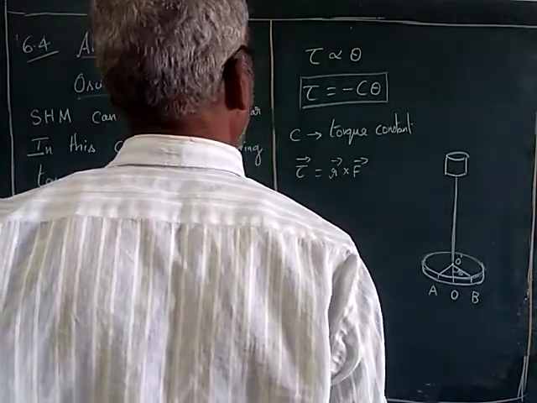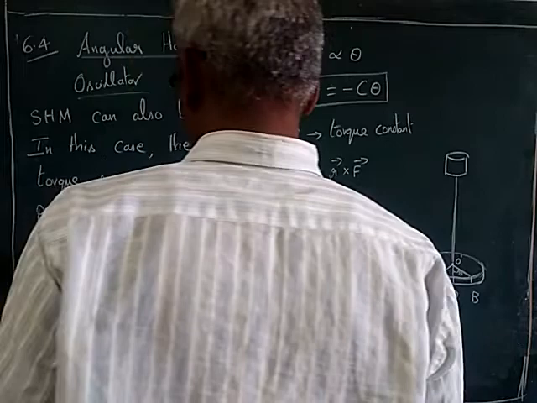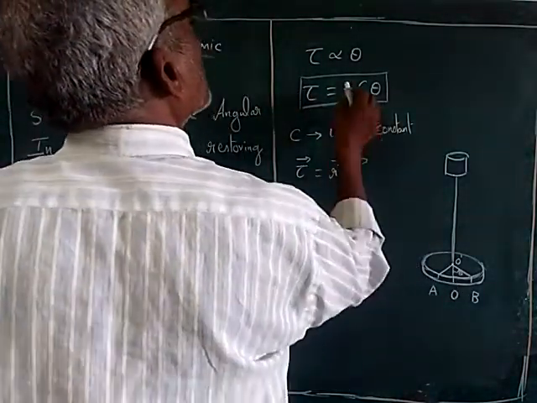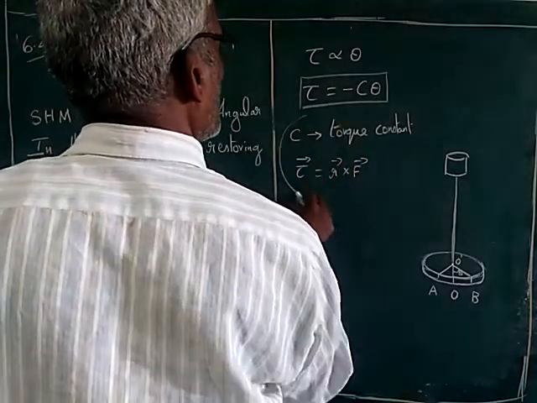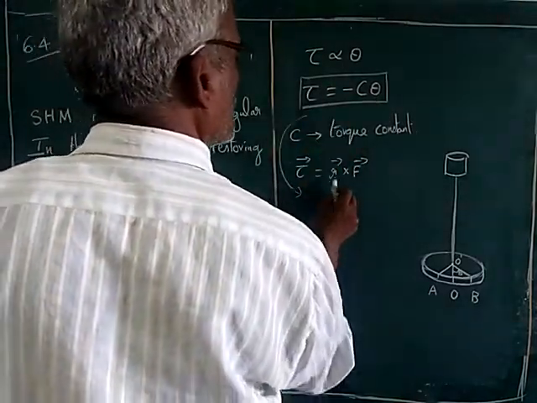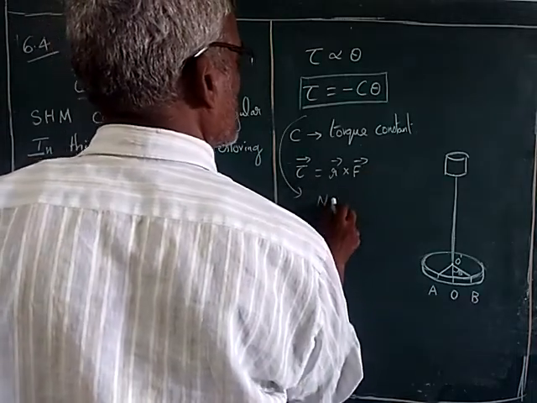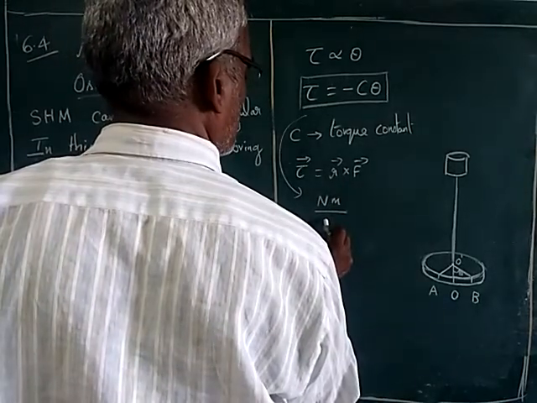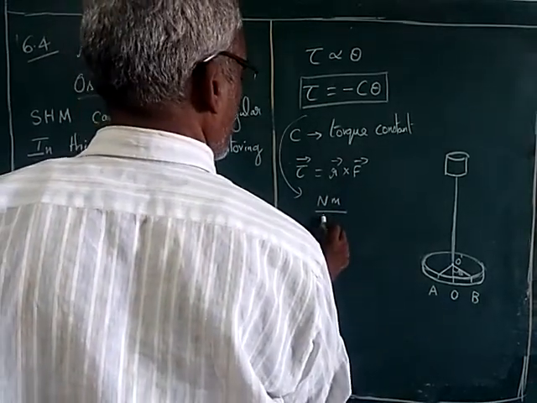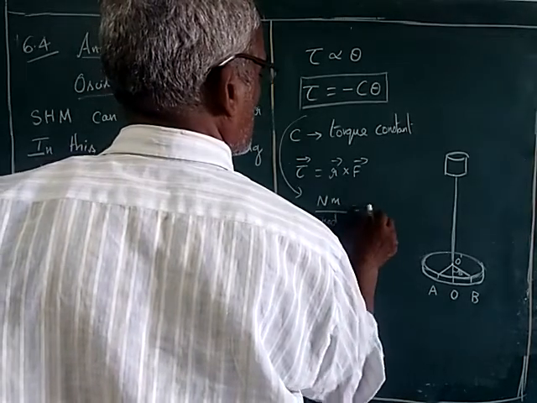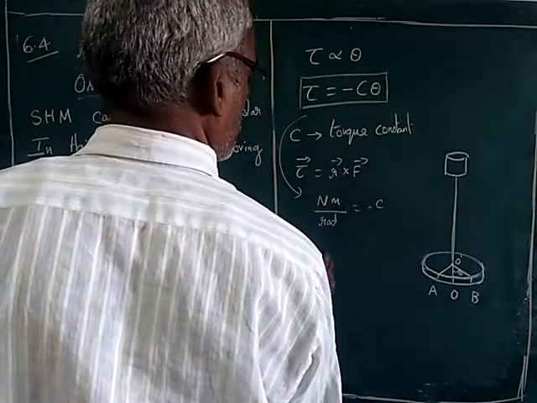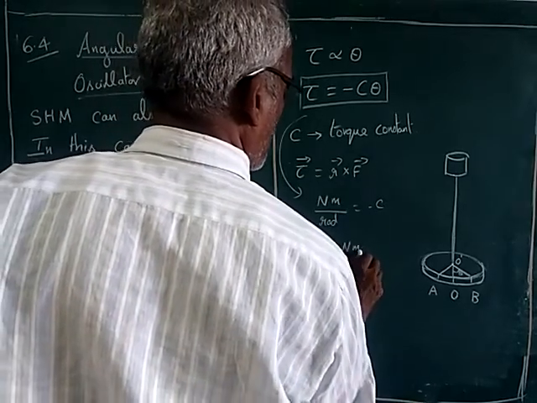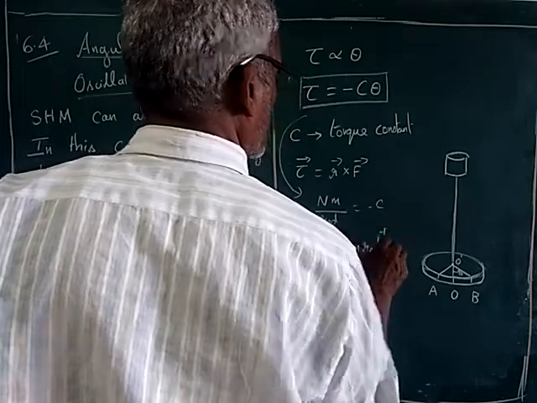Now the unit for C: C is equal to torque divided by theta. The unit of torque is force in Newton times distance in meter, and theta is the angle, which we represent in radian. So the unit for C will be Newton meter radian to the power minus 1.